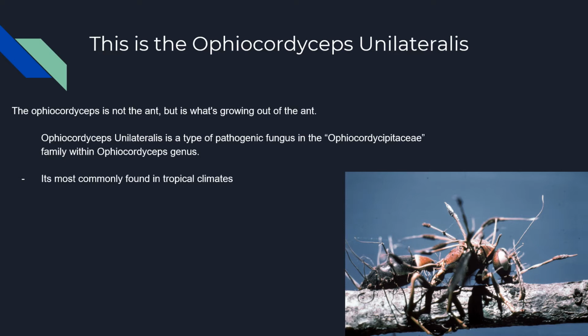These fungi are known for infecting specific insects and eating them from the inside out. So don't worry, these have only been known to infect insects, so we should all be safe unless something mutates.